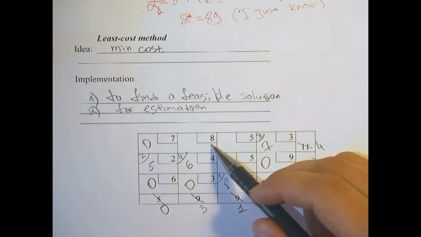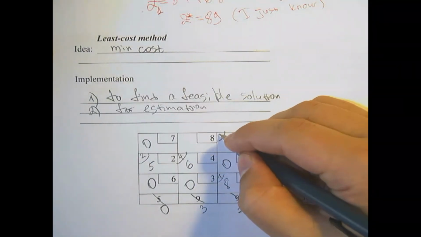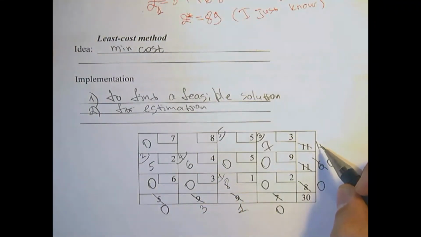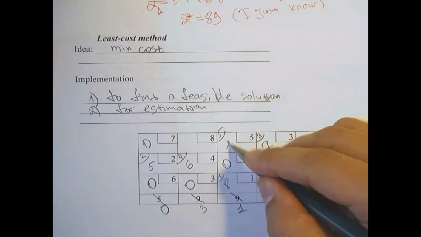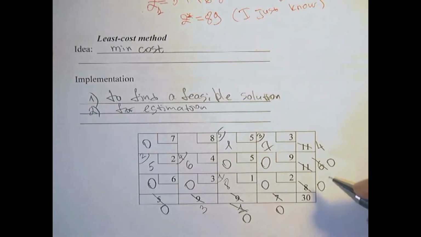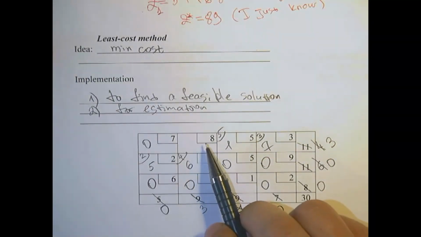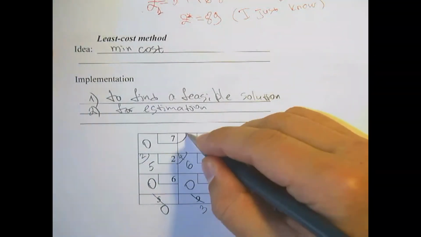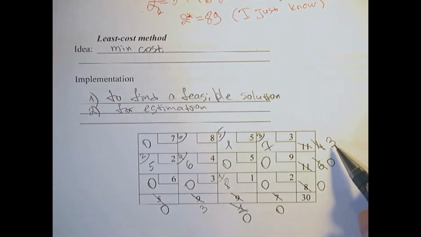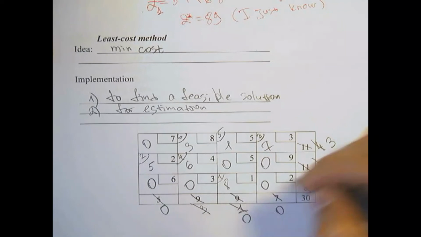The minimum of 8 and 5 is 5, so it is the fifth step. And we deliver here the minimum of 4 and 1, so we deliver a unit, we correct this demand, and we correct this supply, and the last step is here, step number 6, and we deliver 3 choco boxes here. Good.